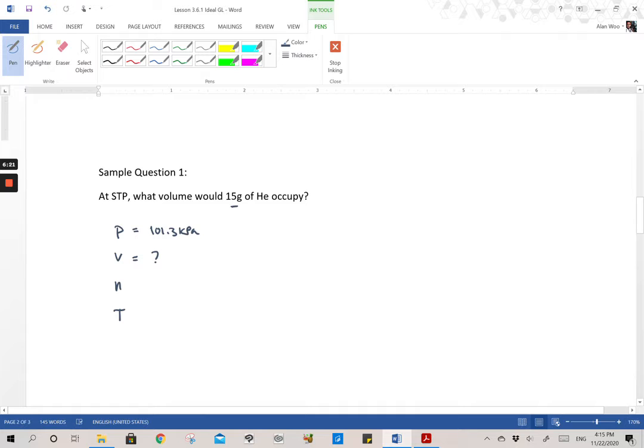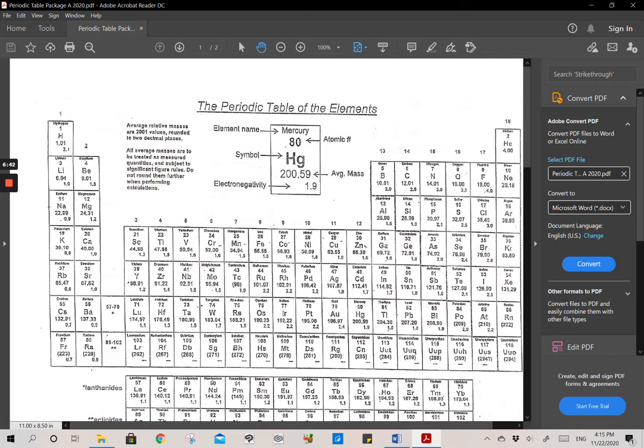Now, n. Do we have moles? No, we actually don't have moles. However, we do have the means to find moles. In our case here, it's 15 grams of helium that we have to convert to moles. So you'll need to use your periodic table.